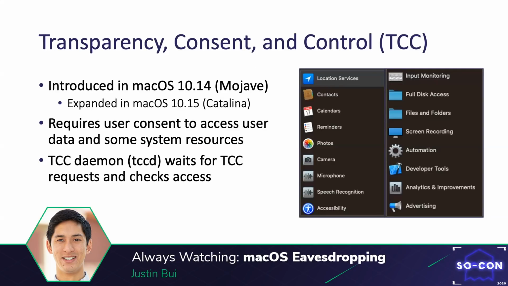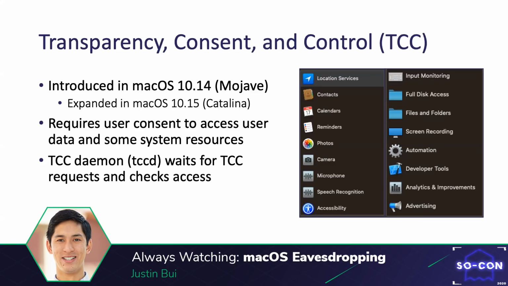So transparency, consent, and control, or TCC, on macOS was introduced in macOS 10.14 during the Mojave update, and then further expanded in 10.15 during the Catalina update. TCC is essentially like privacy preferences or privacy controls on macOS. It stops apps from talking to each other and sandboxes them from accessing specific OS data or functionality.